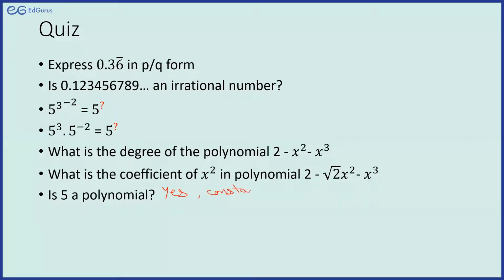We learned it last time, constant polynomial. Because 5 can be written as 5 into x to the power 0. So the variable has power of 0. So it is a constant polynomial. It is a polynomial of a special type called constant polynomial. Okay?